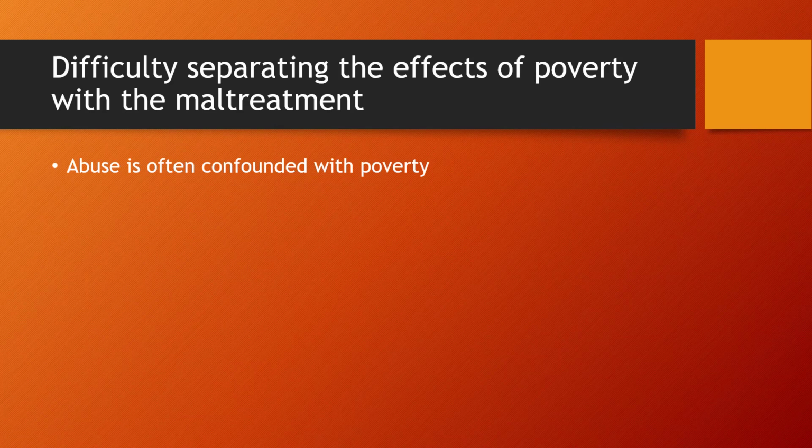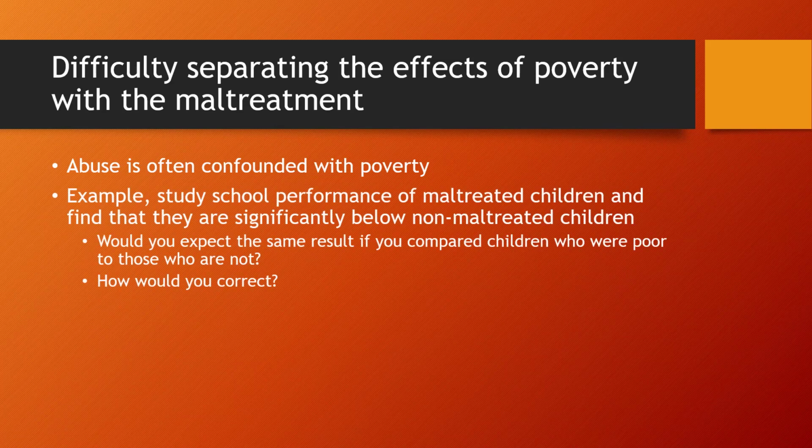So for example, if you wanted to do a study of school performance of maltreated children, and you find that they're performing significantly below non-maltreated children, whether it's grades or standardized tests, wouldn't you also expect the same result if you compared children who are poor to those who are not? So you have to be careful. So how would you deal with this kind of situation?